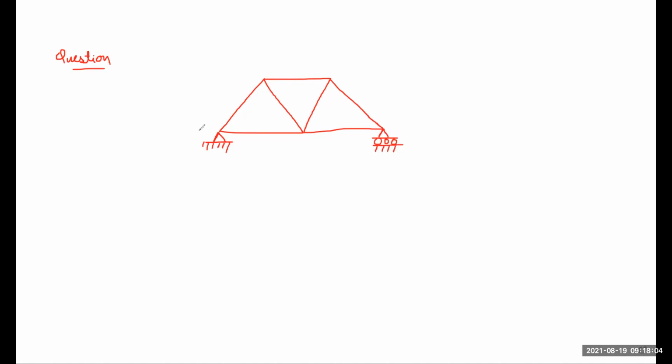So this is point A. This is point B. This is point C. This is point D. This is point E. And a 10 kilonewton load is acting on this joint E. So this is your 10 kilonewton load that is acting on joint E. Let me erase this joint.